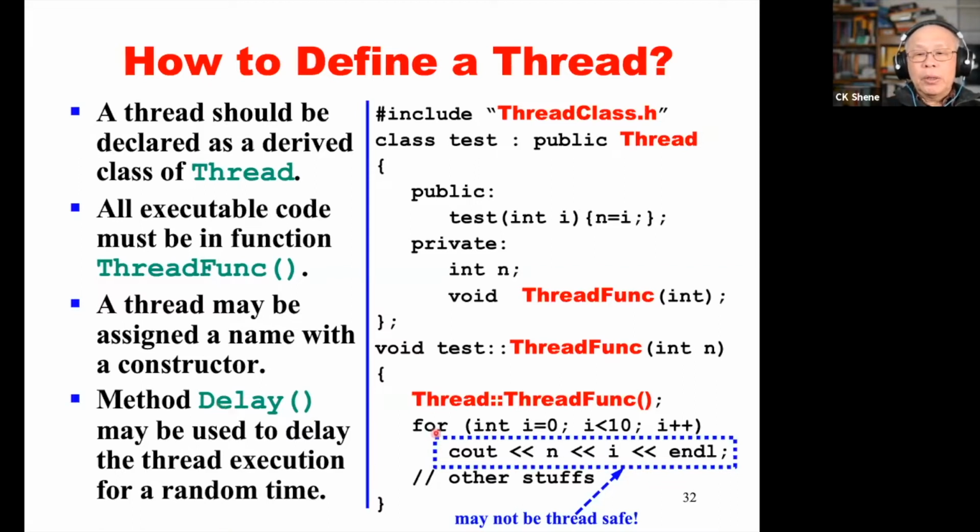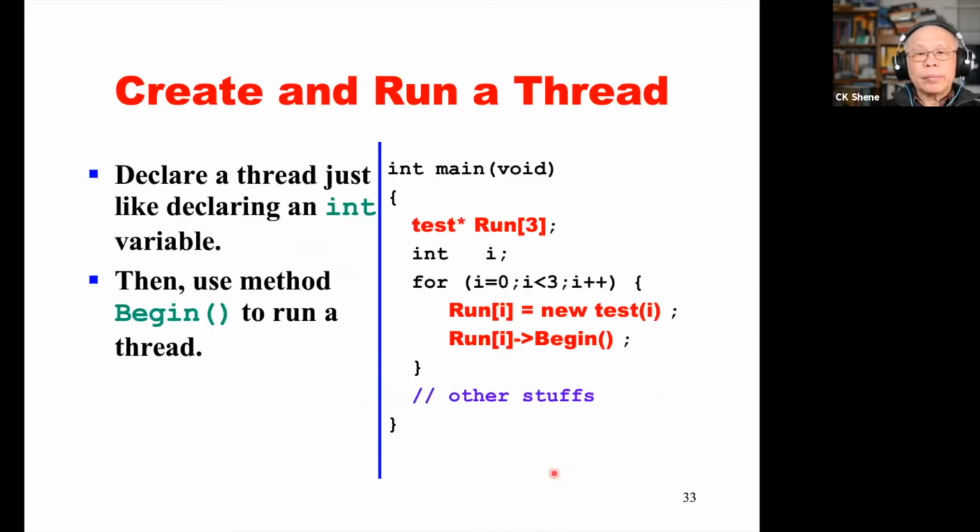So as I mentioned to you, the code here for thread func is incomplete. We need to add more there. What we have done on the previous slide is define a thread class and put something into the thread func to be run as the actual code for that thread.